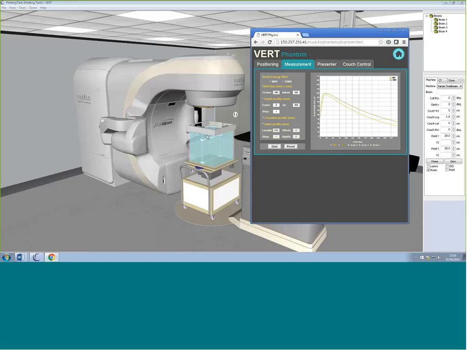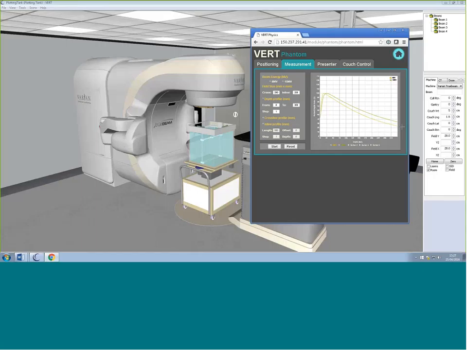Here we've got a 6 MV and 15 MV chart coming up. We utilise it so that they understand entrance doses, Dmax and exit doses, and then we can lead the discussion on why a patient would potentially be treated with 6 MV or with 15 MV.